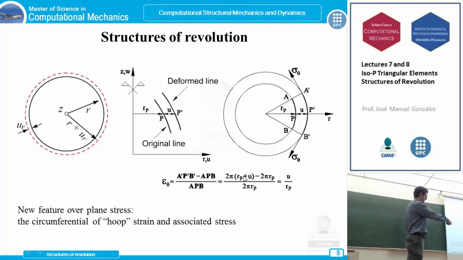This is the final length and this is the initial length, taking into account that we are placed at the position r. This is the radius of the initial position, divided by the initial length, so we get an expression for this circumferential component as the radial displacement divided by the value of r, the initial position of our point.